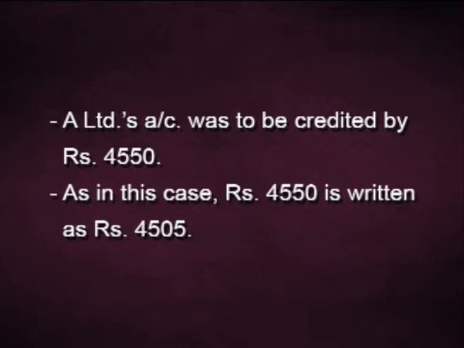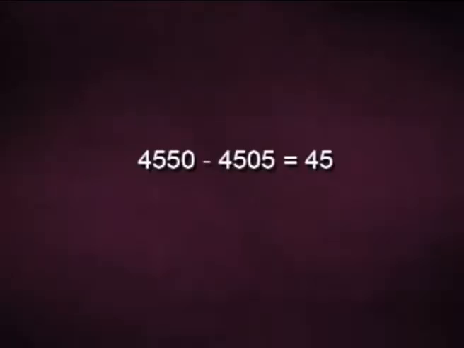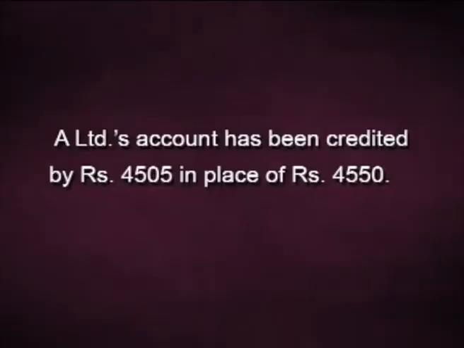As in this case, rupees 4,550 is written as rupees 4,505, it is as good as undercasting of A Limited's account on credit side by rupees 45. That is the difference of 4,550 and 4,505. Putting it simpler, A Limited's account has been credited by rupees 4,505 in place of rupees 4,550.